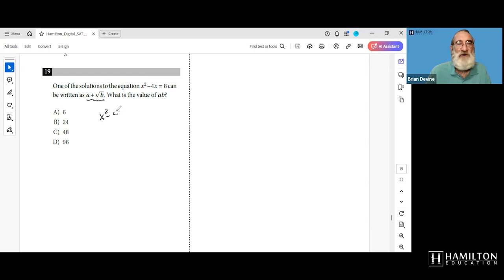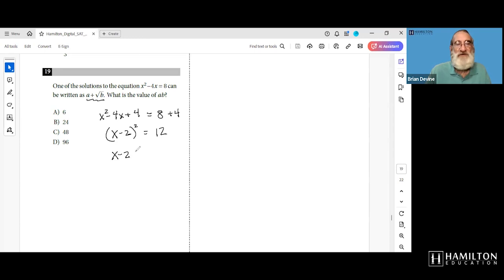X squared minus 4x has to equal 8. And if I complete the square on the left, I take half of -4 and square it, but I got to add that to both sides. So now x minus 2 squared, I built it as a perfect square trinomial that could be rewritten as a binomial square, has to equal 12.